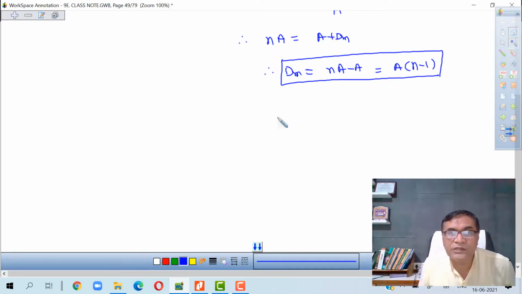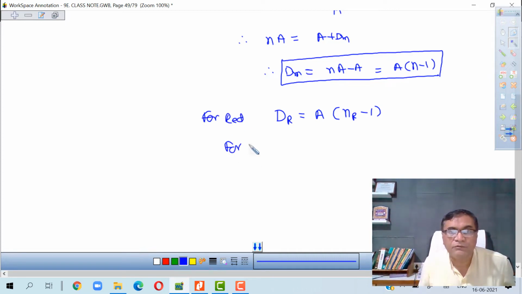Just I write Dr is equal to A(refractive index for red color minus 1), and this is for red, and for violet I can use Dv is equal to A(refractive index for the violet color minus 1).